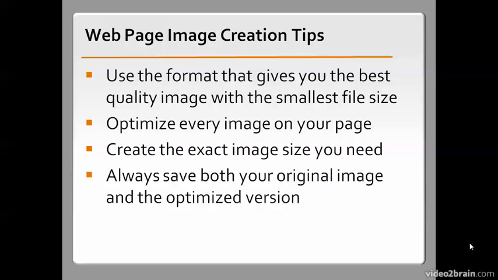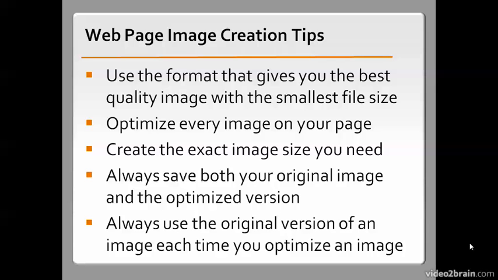Always save both your original image and the optimized version. Your original image is going to be that image that has a large file size. The optimized version is the smaller file size you create, and that smaller optimized version is the one that goes into the web page. Why should we save both? Because we always need to use that original version of the image every time you optimize.